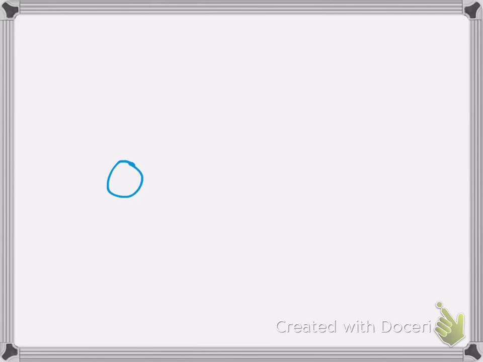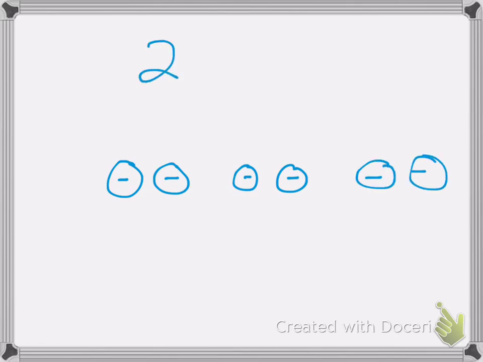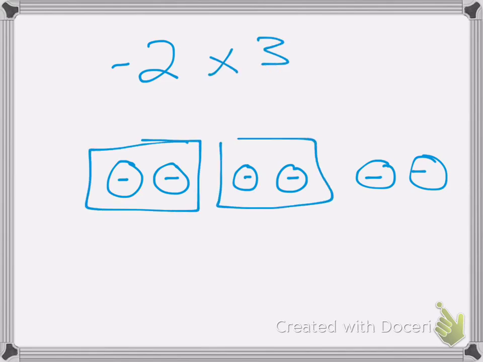Say we've got negative, negative, negative, negative, negative, negative. I'm just going to use that same exact negative 2 times 3. If you see something that looks like this, they're grouped in negative 2s, right? That's going to be negative 2. Oh, not negative 3, sorry. Negative 2.